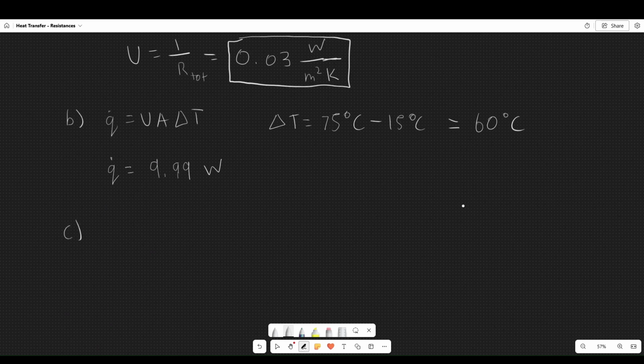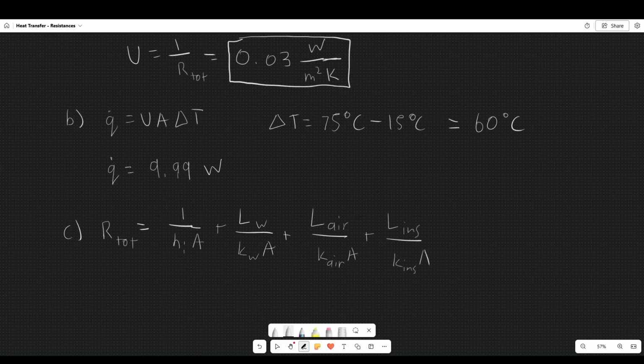So what that means is that R total is equivalent to 1 over h_i times A, plus L wood divided by K wood times A, plus L air over K air A, plus L ins over K ins times A.